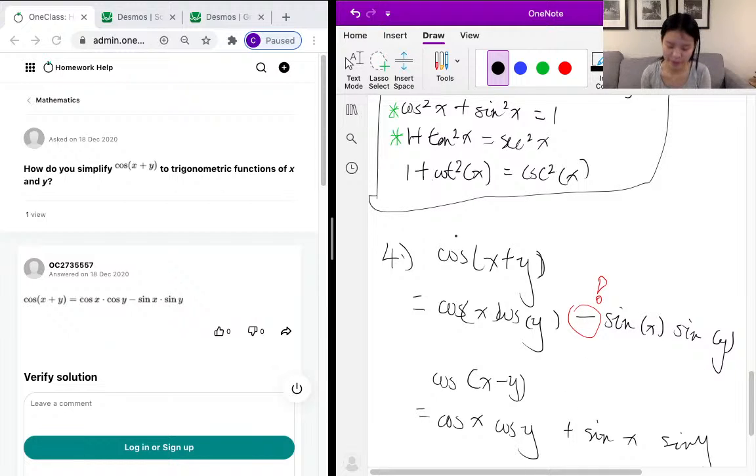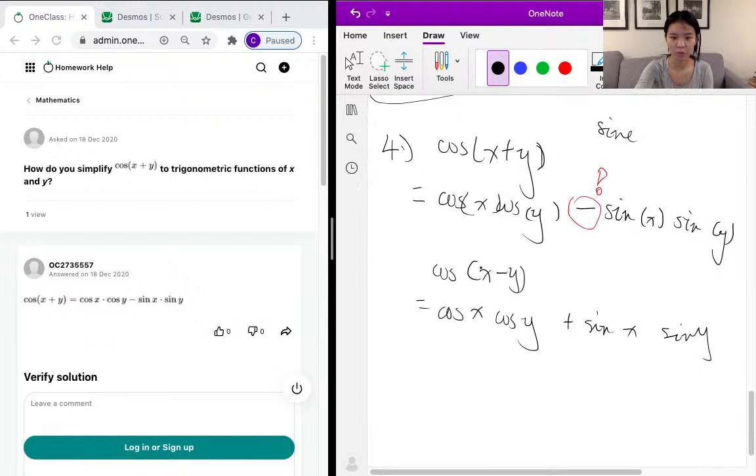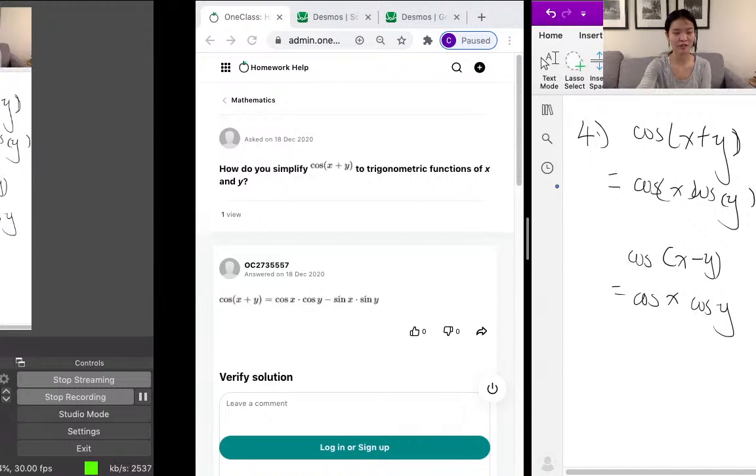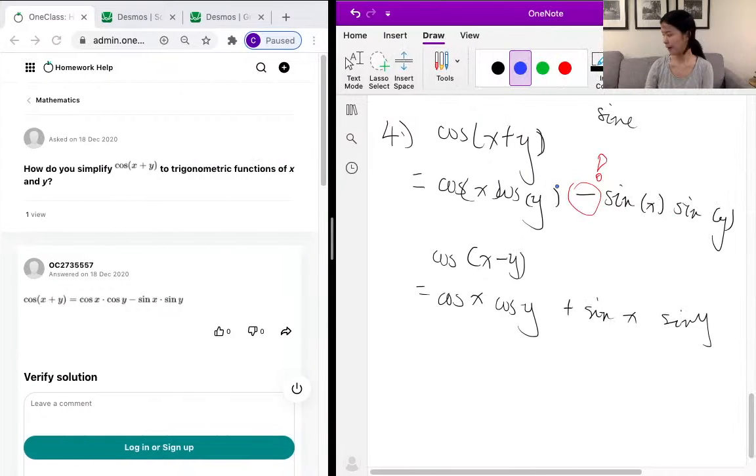But for sine, the two signs are the same as the one in the brackets. You should pay extra attention while memorizing, because getting the question wrong just because of a plus or minus sign is not good. You'll be so close to the answer and then it's just a sign and your answer is wrong.